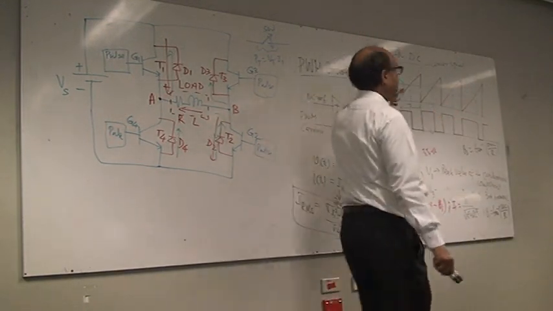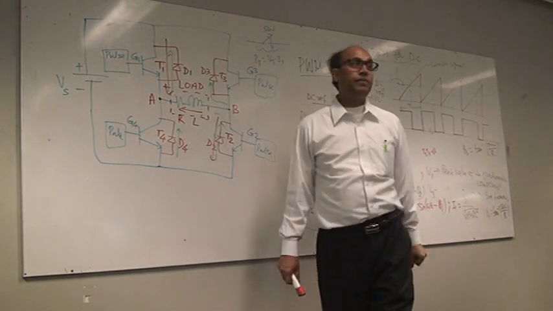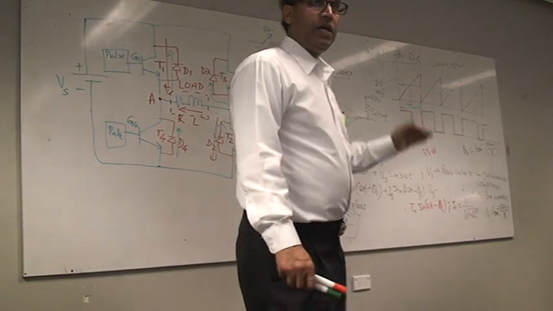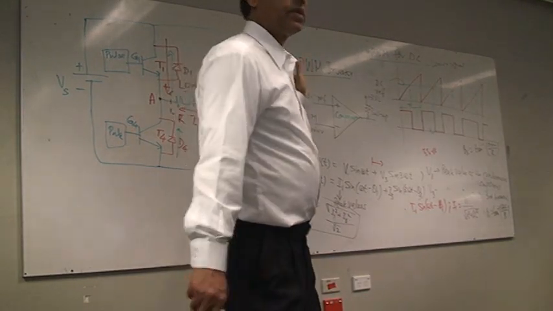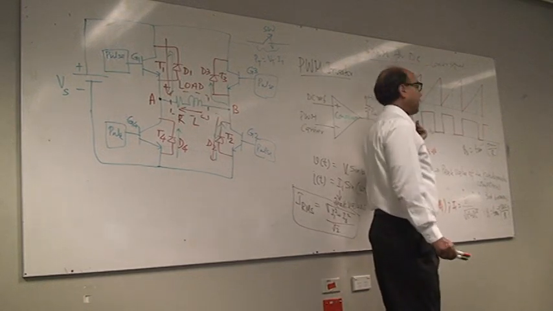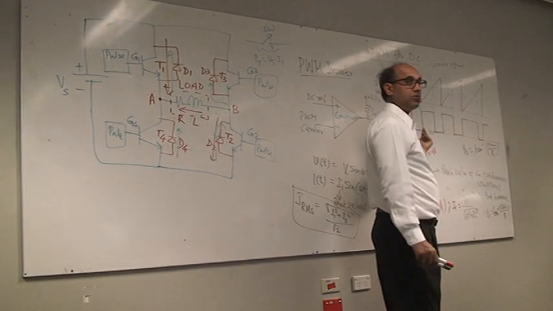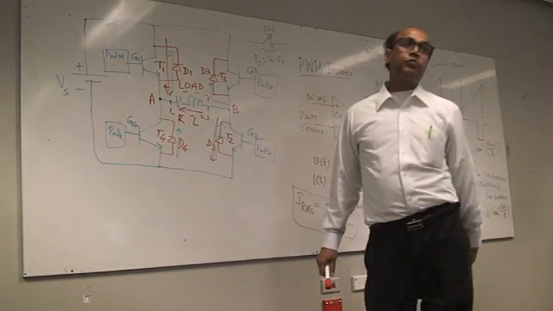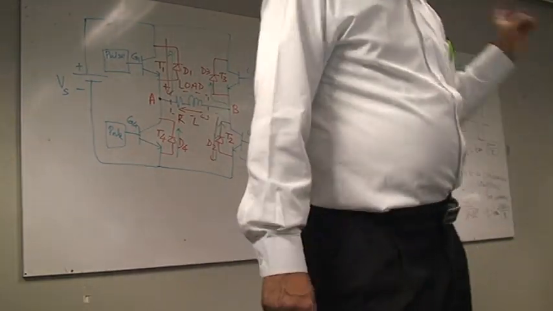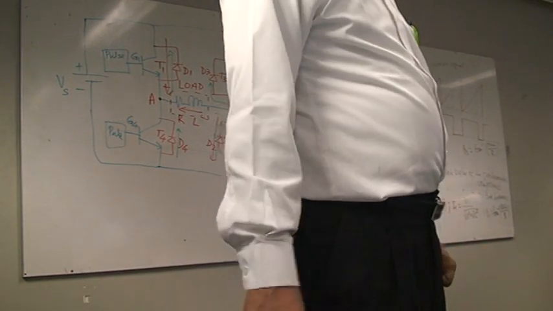You compare the error amplifier output with the PWM carrier wave, and that's the pulse you get. If the error goes high or low, your pulse width will change. If it goes high, pulse width will be high. If it goes low, pulse width will be low. Then you adjust the output voltage. That's what you do in DC switch mode power supply.